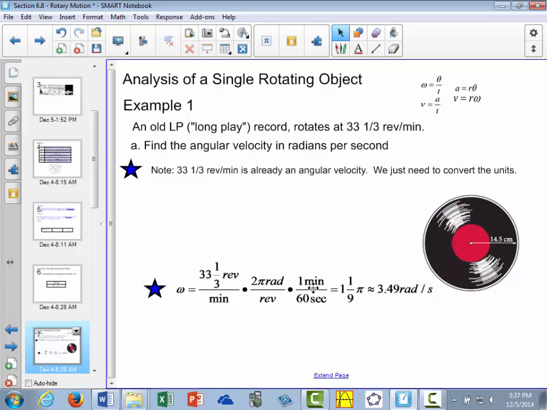And there's 60 seconds in every minute. When we multiply these out, you'll see how the revolutions cancel out and the minutes cancel out, and we end up with radians per second. So multiplying through, we end up with 1 1/9 pi, which is approximately 3.49 radians per second.